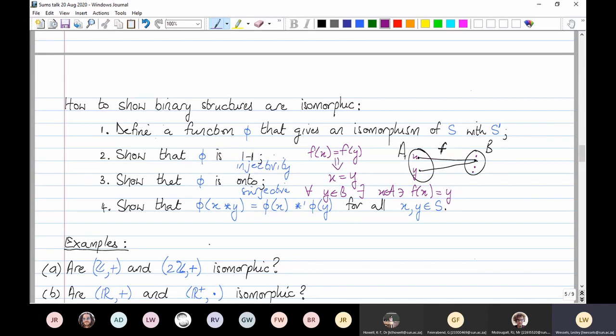And for one-to-oneness, you can only have one element in A going to an element in B. And then the last step is you want the homomorphic property to be true.